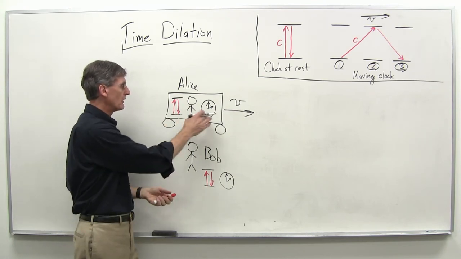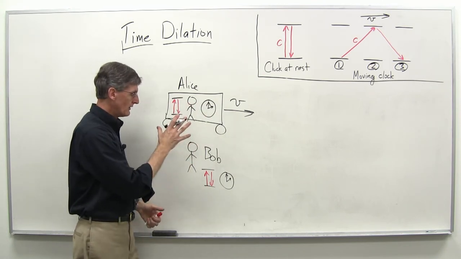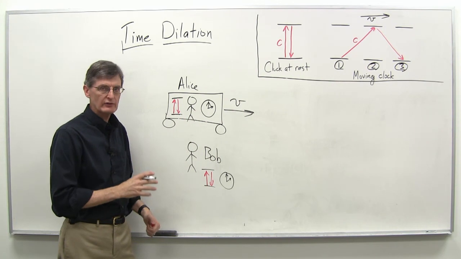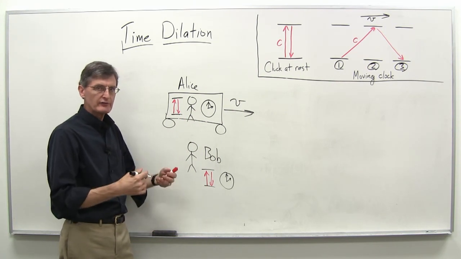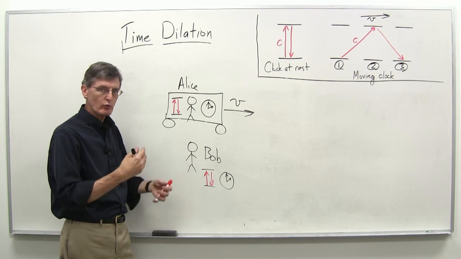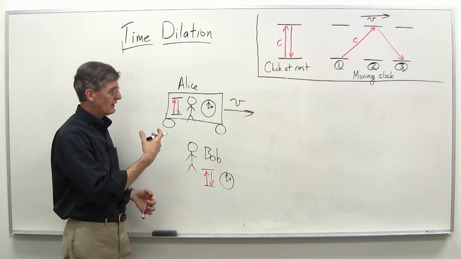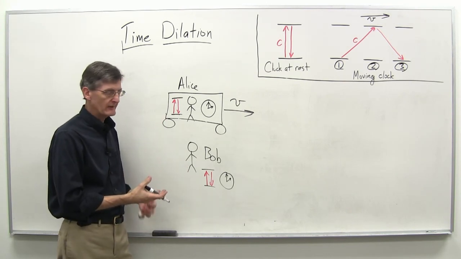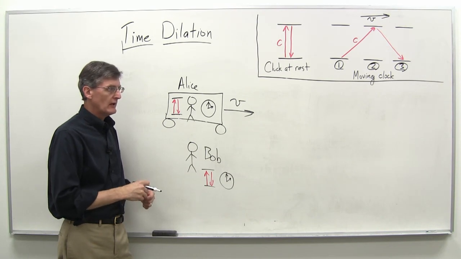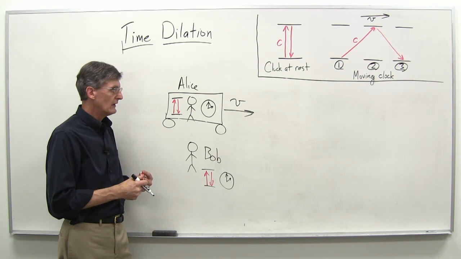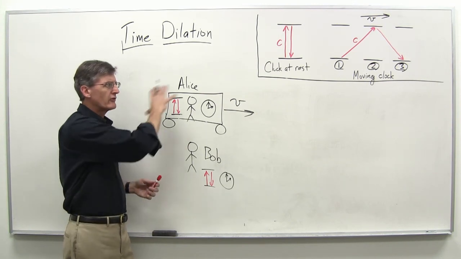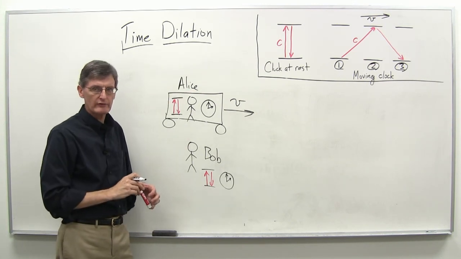So whether we're talking about light clocks or just quote-unquote regular clocks, we get this time dilation effect. And again, remember the basic equation: delta t moving is 1 over gamma times delta t at rest. Again, the time dilation effect. And as we move along here in the videos, we'll be exploring more of the consequences of this and also asking some more questions about how some of this actually works.